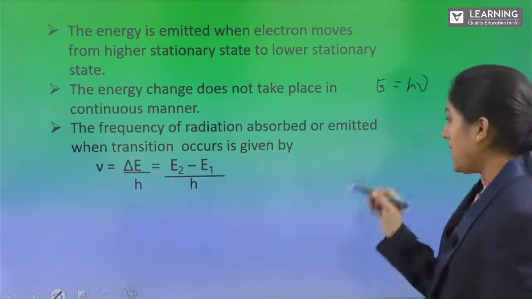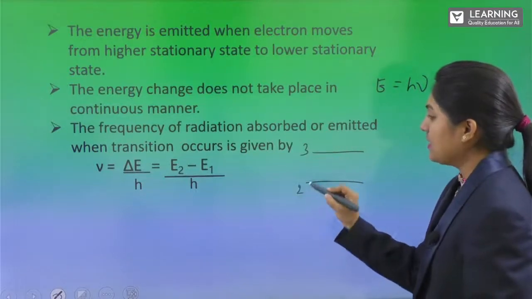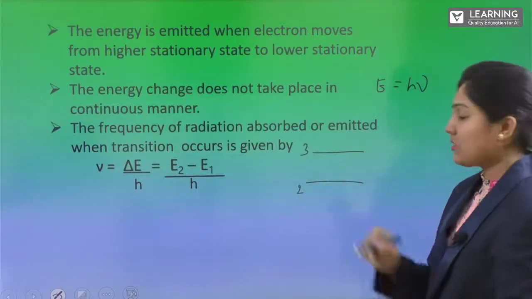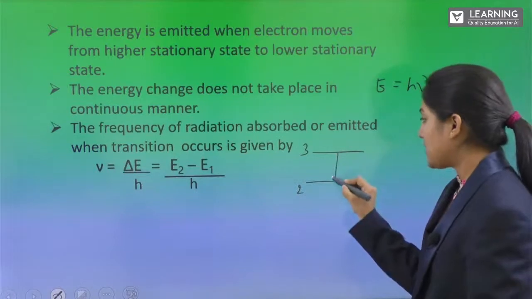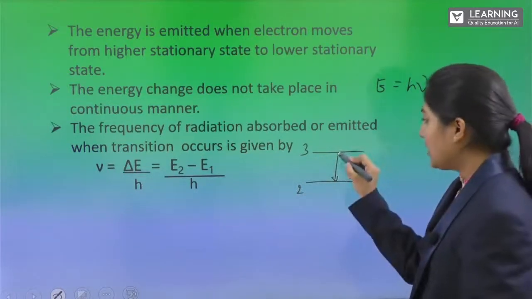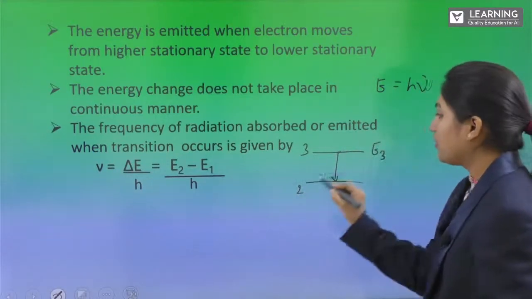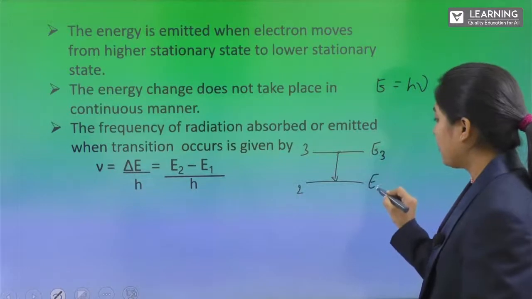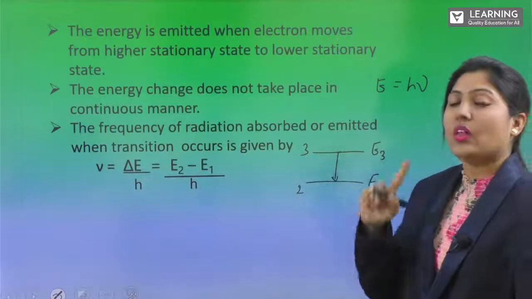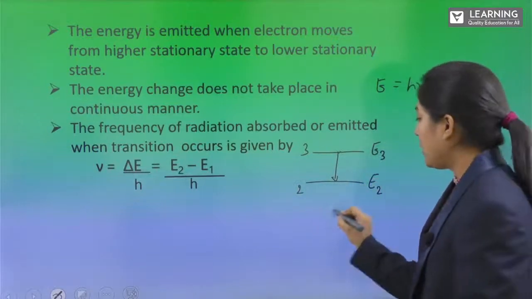If I take E is equal to h mu, then you can understand why we are taking this delta E. If this is the third and this is the second energy level, and the electron is coming from third to second, then the energy of the third level we can count as E3, and for the second one E2. The energy possessed on that orbit is called E2 and E1.